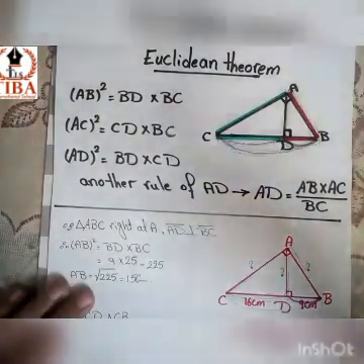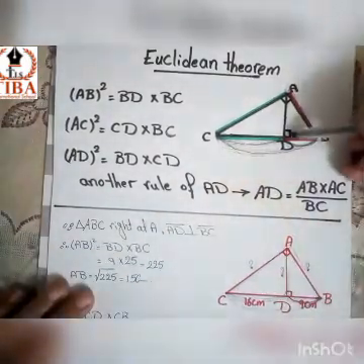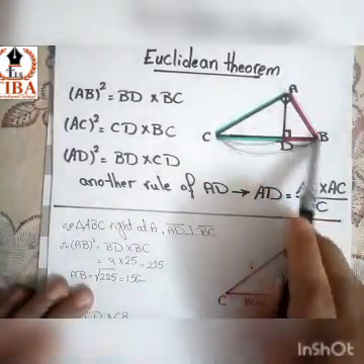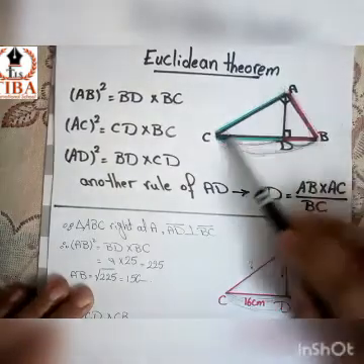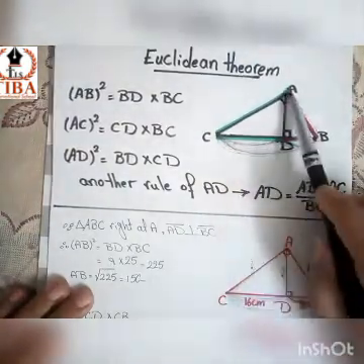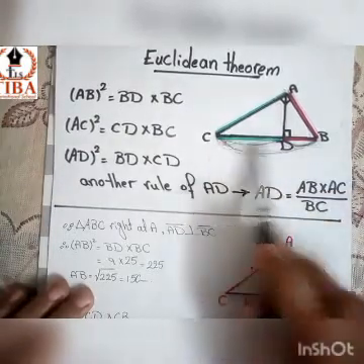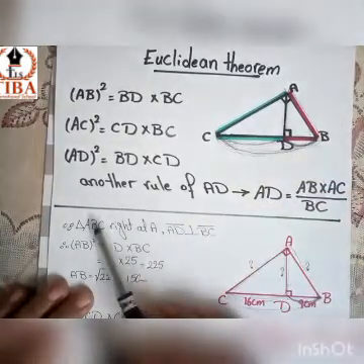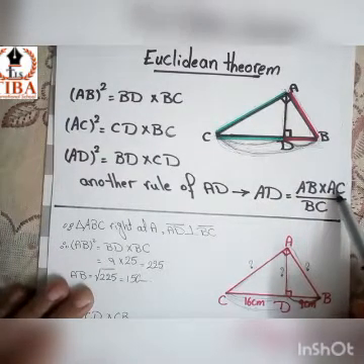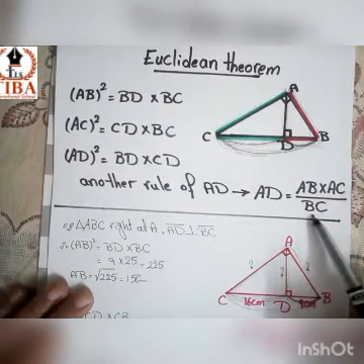And we have another rule to find this side: the two sides of the right angle, AB times AC, over the hypotenuse BC. So AD equals AB times AC over BC.